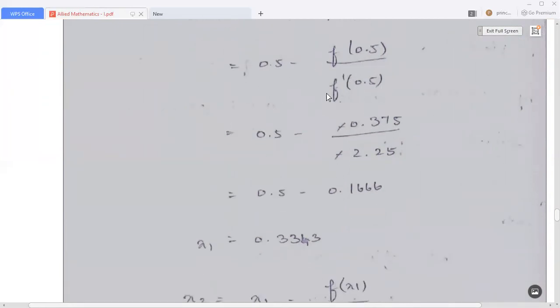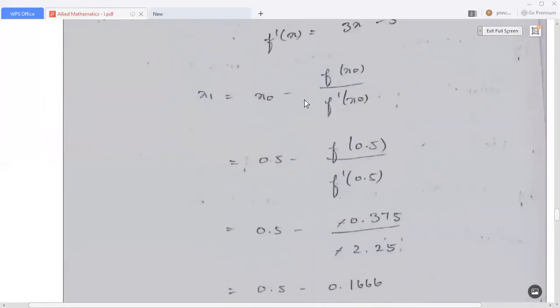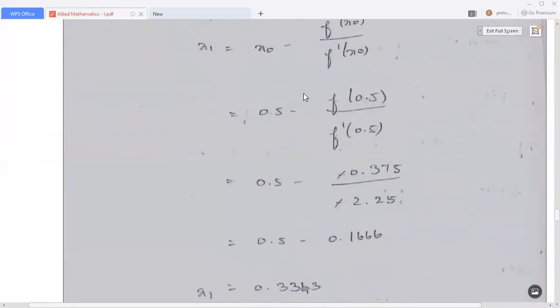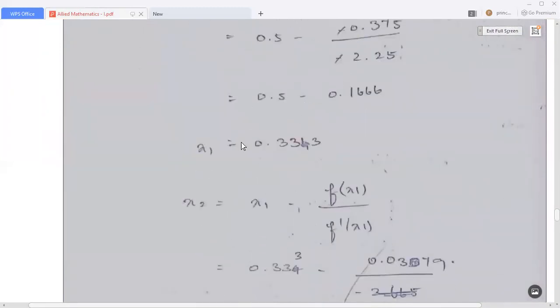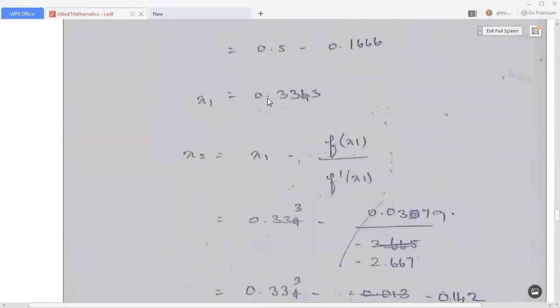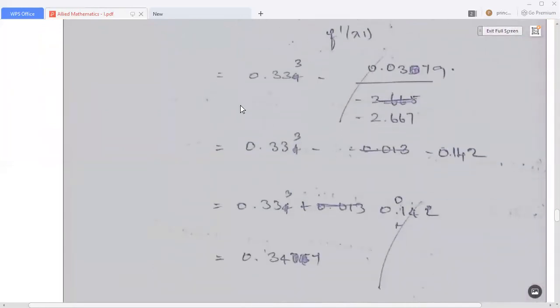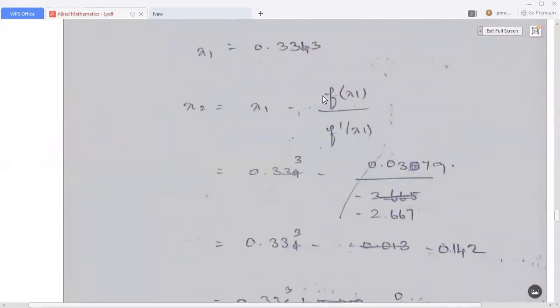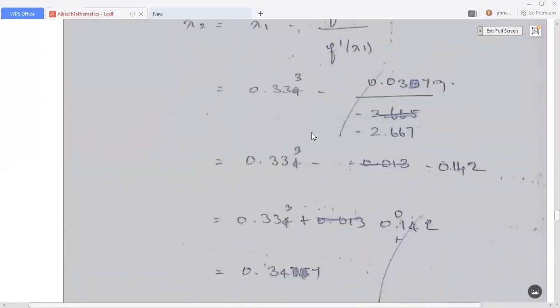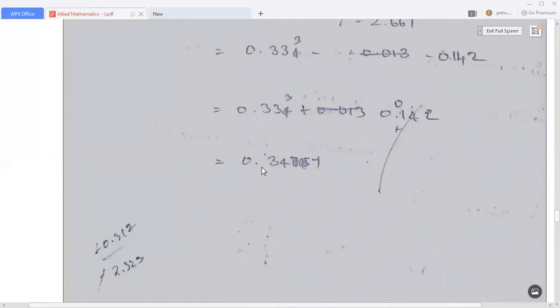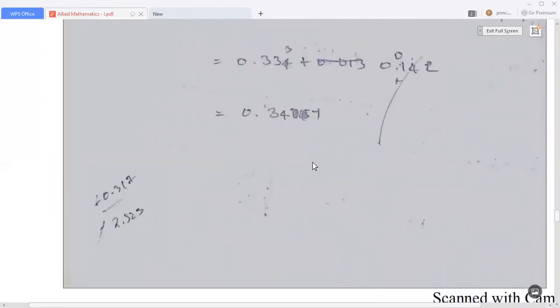These values are to be calculated using f of x and f dash of x. Then we get the answer x1 equal to 0.3343. Next we calculate x2. To find x2 we need the x1 value and that value is to be substituted here, and then we calculate x2. Here the x2 value is 0.347.